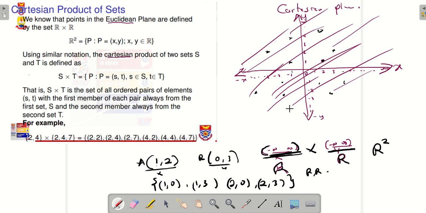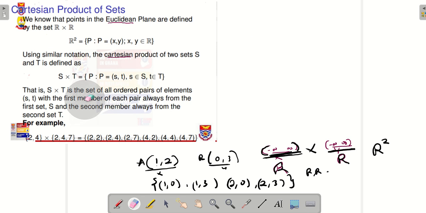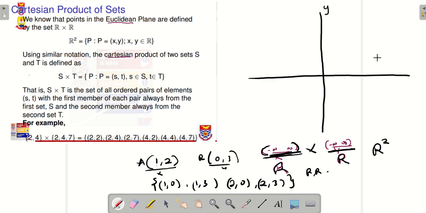So if I want to plot this on the Cartesian plane, it's going to be something like this. Let me draw my Cartesian plane again with my y-axis and my x-axis. This is my origin. I have positive 1, positive 2, positive 3. The negatives are down.